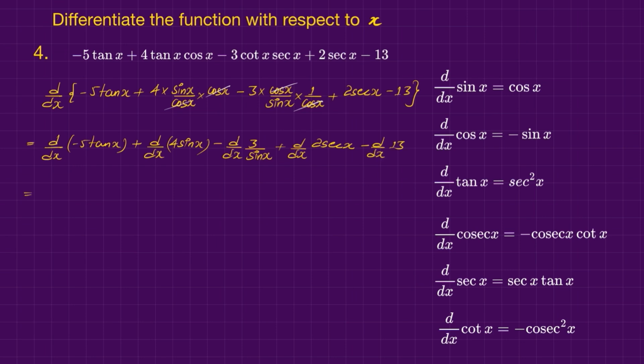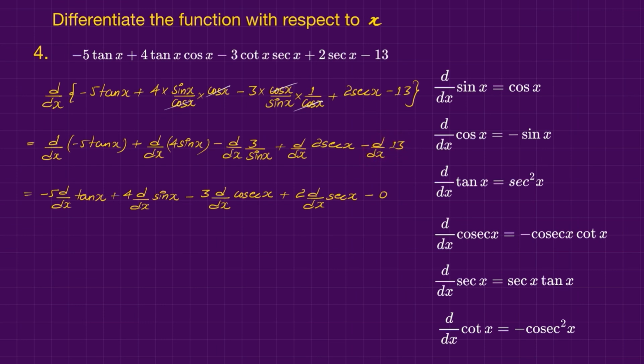So it will be equal to, now since minus 5 is constant here, let me write it in front, so it will be minus 5 d/dx of tan of x plus 4 is constant, so let me write 4 d/dx of sin x minus 3 is constant, so let me write 3 in front, d/dx of, and here if you have noticed, this 1 over sin x can be written as cosec x, so let me write cosec x here, plus 2 is constant, d/dx of sec x minus 0, because 13 is a constant and d/dx of any constant is always 0.